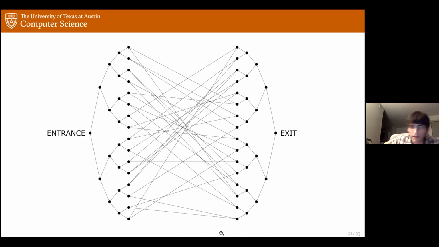Your task is, given the label of what I'll call the entrance vertex, the root vertex on the left, to find the label of the exit vertex on the right. This is a highly non-trivial result, but using a quantum walk, one can solve this problem exponentially faster than any classical algorithm can.